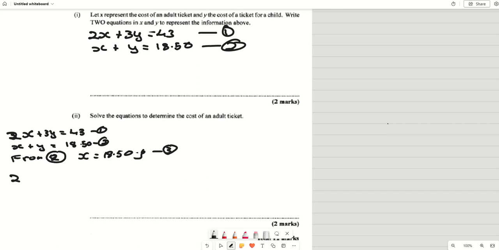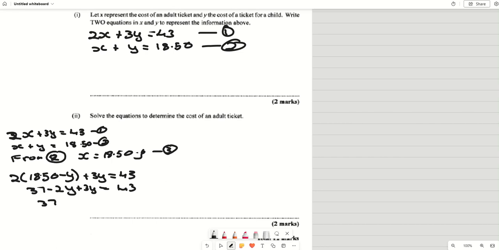So that's 2 open bracket 1850 minus y. Oh gosh, hold on. Why do I have that bracket there? Minus y plus 3y is equals to 43. Right, so 2 by 1850 is 37 minus 2y plus 3y is equals to 43.